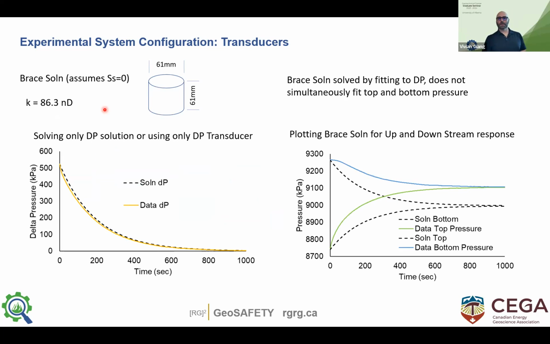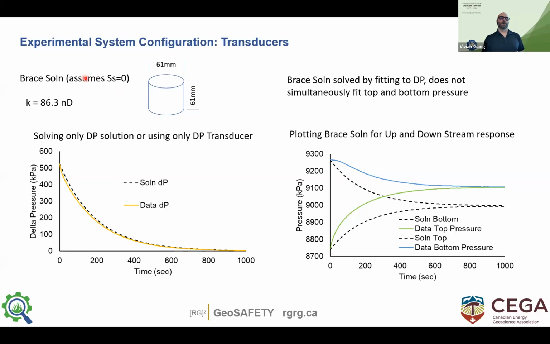So here is a result using some real data. The solution is the dashed lines, and the data is the solid lines. This is just a 61 by 61 millimeter specimen. The blue here is the real data response.